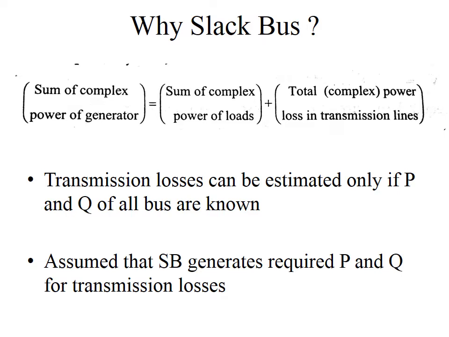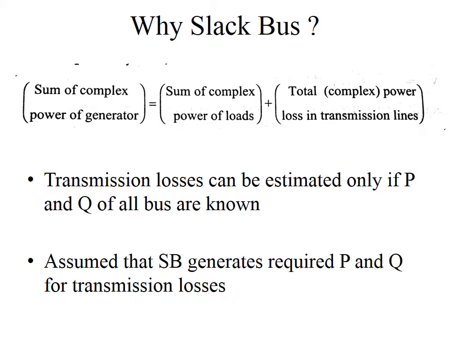But the transmission line losses can be estimated only if the real and reactive power of all buses are known. The power in these buses will be known only after solving the load flow equations. For these reasons, the real and reactive power of one of the generator buses is not specified, and this bus is called the slack bus.